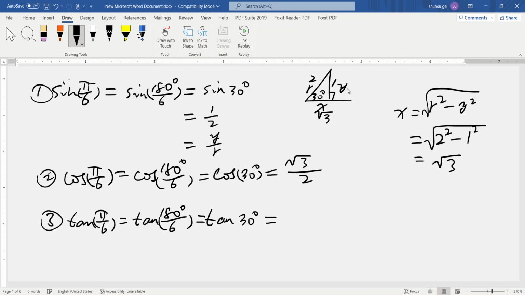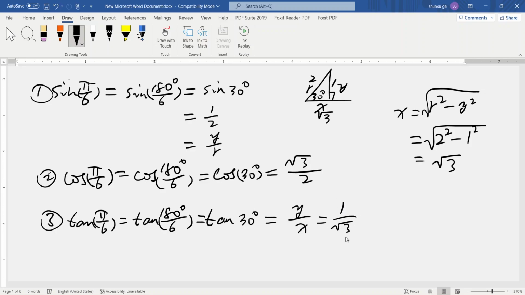So tangent here, for this 30 degree angle, is opposite side divided by adjacent side. So it's equal to y over x, equal to 1 over square root 3.